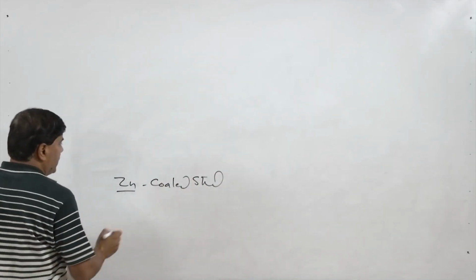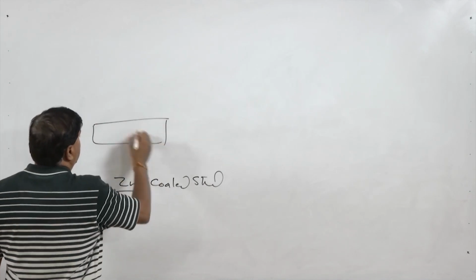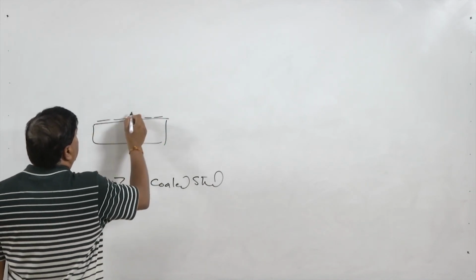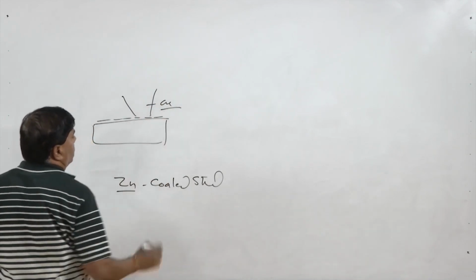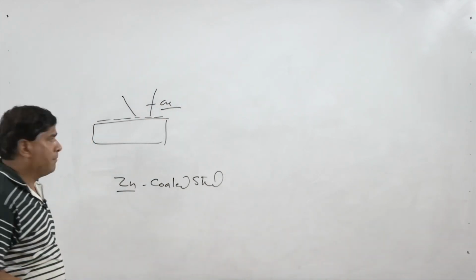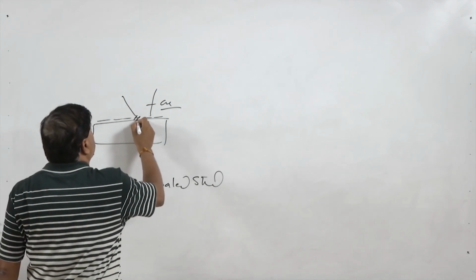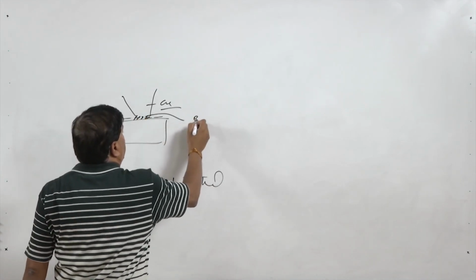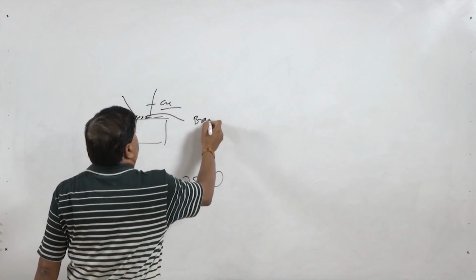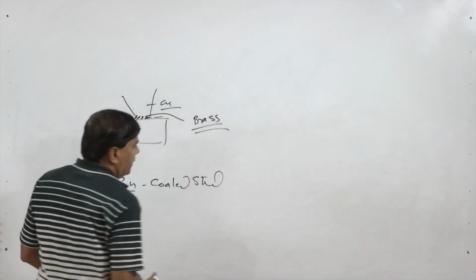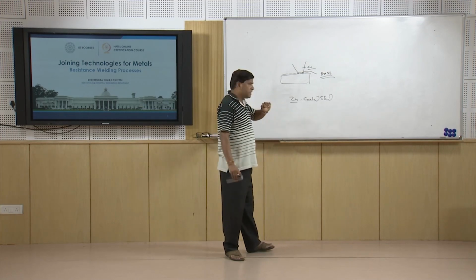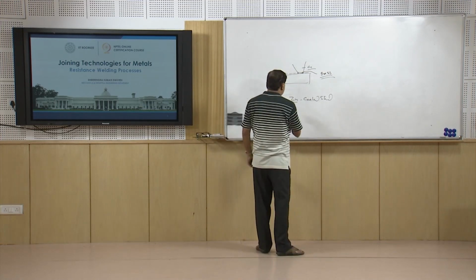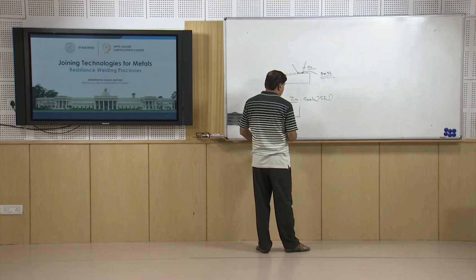So, the zinc coated steels, like the steel sheet having a coating of zinc, when it comes in contact, the copper due to the continuous heating interacts with the zinc, and it forms brass. This brass, being hard and brittle and continuous under the adhesive conditions, causes wear of the electrode at a much faster rate.